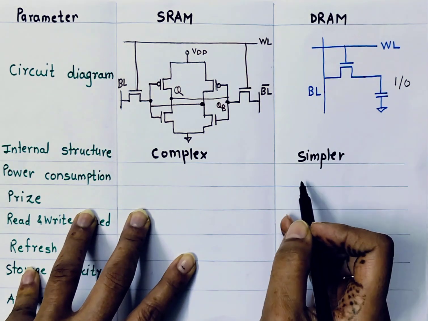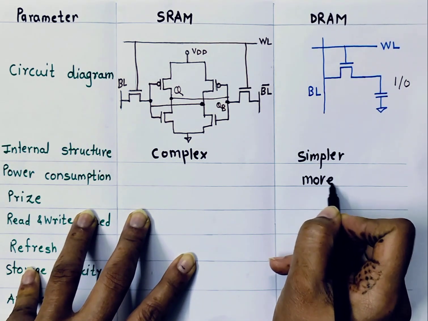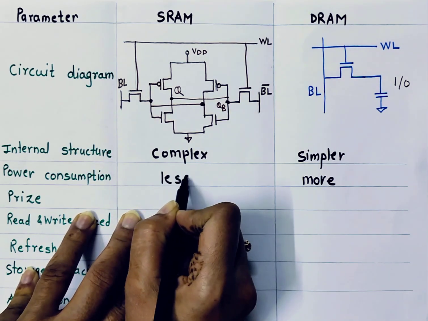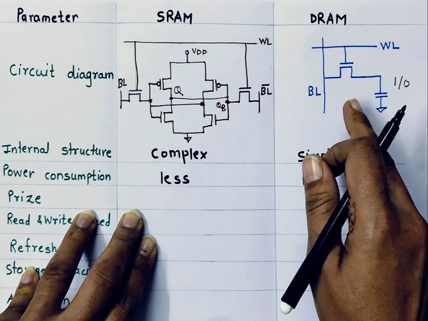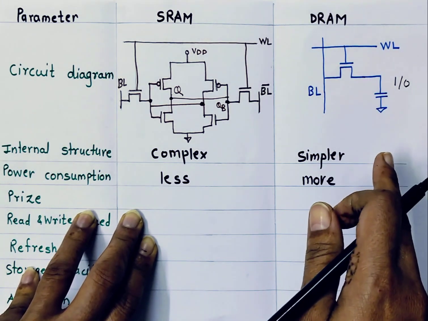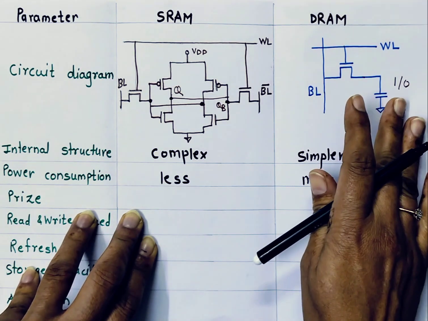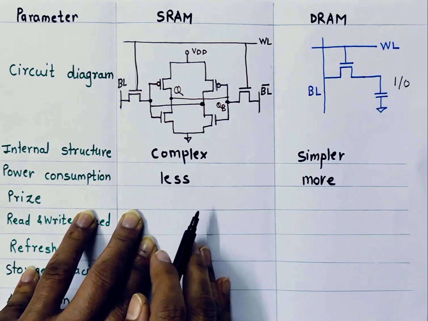So power consumption is more in case of DRAM as compared to SRAM. So SRAM consumes less power, DRAM consumes more power because we need to refresh DRAM. And why do we refresh it? Because the capacitor discharges. So to keep charge in DRAM, we need to refresh it.